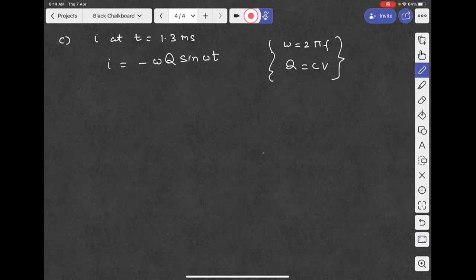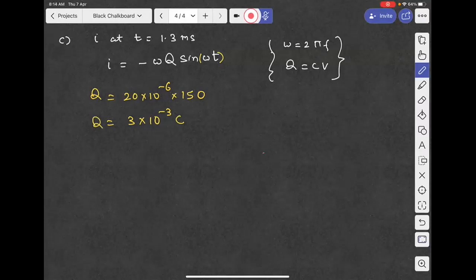Let us calculate this omega and q first and the term inside the sine bracket. That will make our life easy. So q is c into v, 20 into 10 to the power minus 6 multiplied to 150, which will come out to be 3 into 10 to the power minus 3. It's a charge, so coulomb.